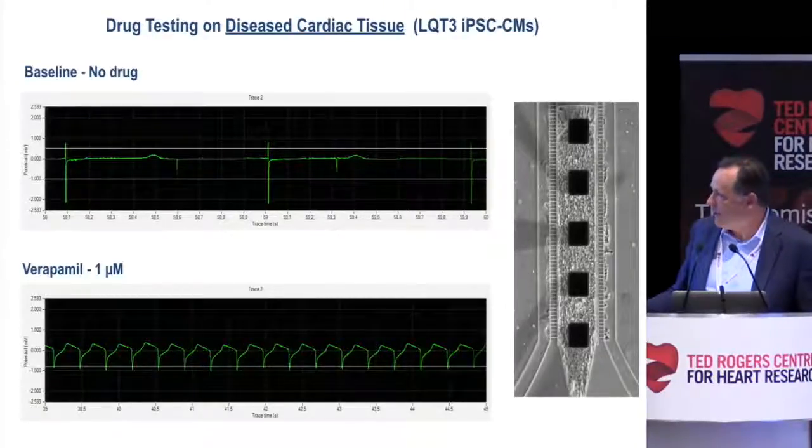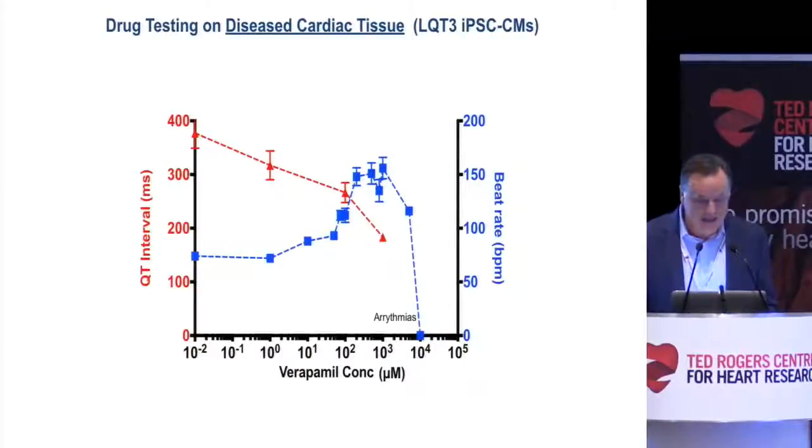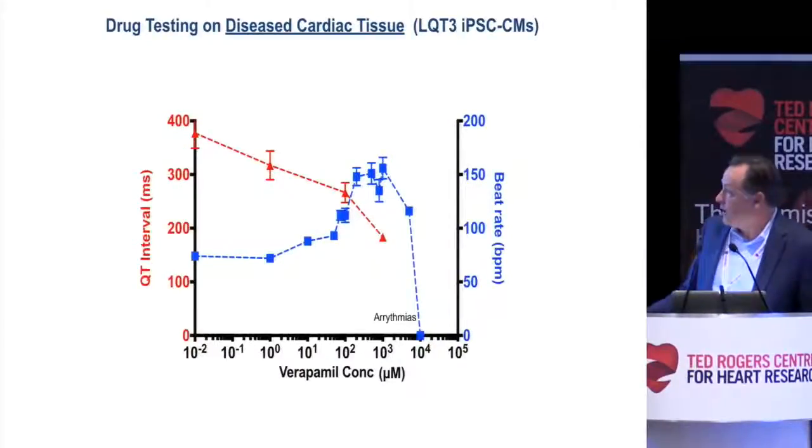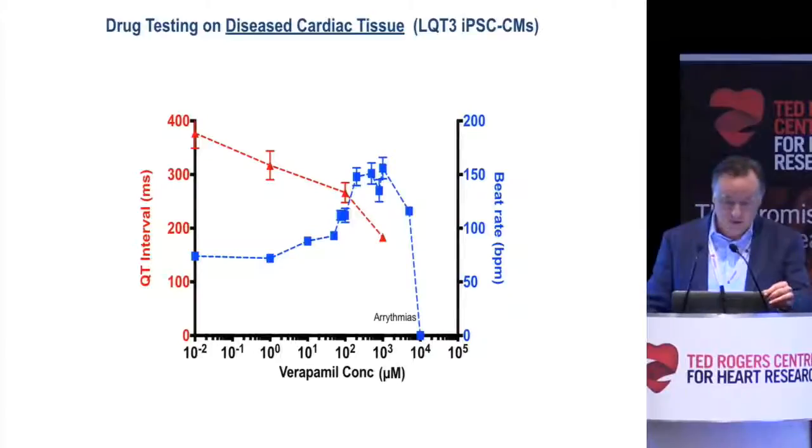If we gave that cell grouping, this system, verapamil, the beat rate comes more in line, and we can plot that data as a function of arrhythmias related to the concentration of verapamil. And so this gets to the patient-specific part, where we could take this particular patient's cells and see how they would respond to not just verapamil, but other drugs that are known to try to treat long QT3 syndrome.